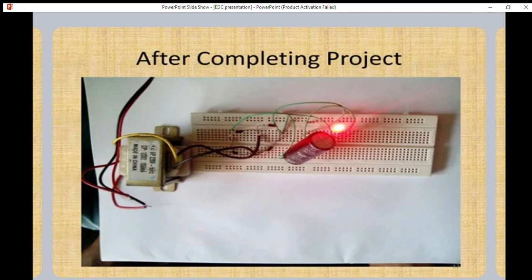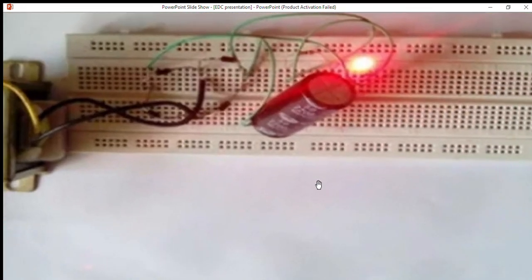So after completion, the project looked like this in a pure working condition, and it's also on now, working properly.